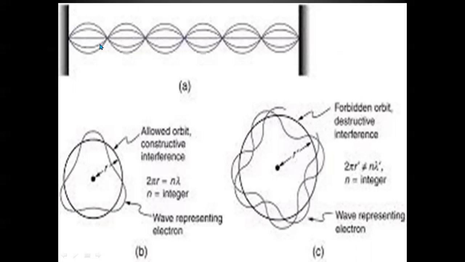Therefore, we can also define a stationary or standing wave as two waves with the same velocity, frequency and amplitude. All the wavelength, frequency and amplitude of these two different waves are the same, but they are traveling in exactly opposite direction. Therefore, they make a wave like this, where there are points where the amplitude is zero.